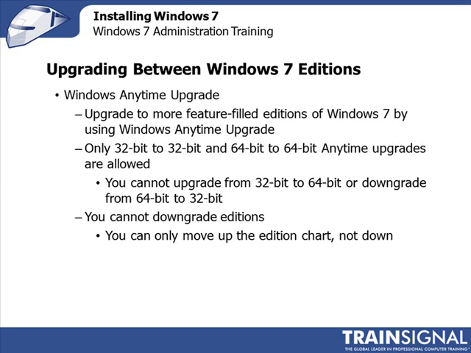You can only upgrade 32-bit to 32-bit or 64-bit to 64-bit. You can't upgrade from 32-bit to 64-bit or downgrade from a 64-bit edition to a 32-bit edition. Further, you can't downgrade at all. If you're running Windows 7 Ultimate, you can't run a Windows Anytime downgrade to move down the edition chart. You can only move up the edition chart when it comes to a Windows 7 Anytime upgrade. We'll look at a Windows 7 Anytime upgrade later on.